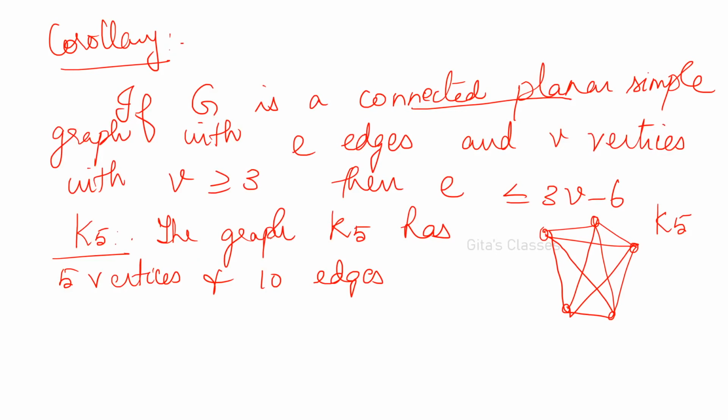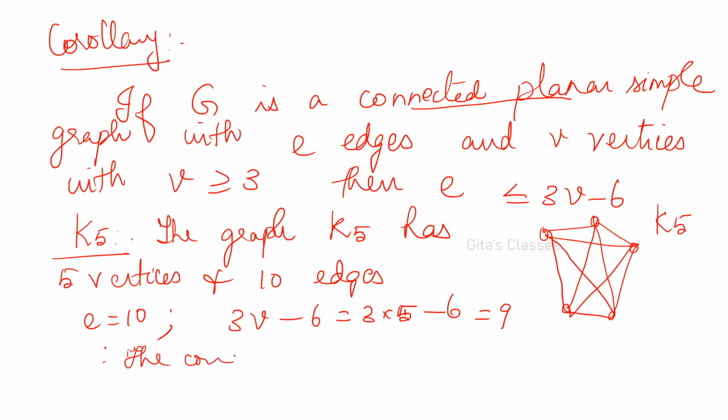For this, E, the number of edges, is 10. What about 3V minus 6? 3 into 5 minus 6, which is 9. Therefore the condition E less than or equal to 3V minus 6 is not satisfied.